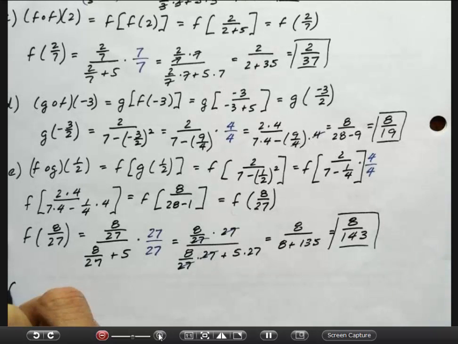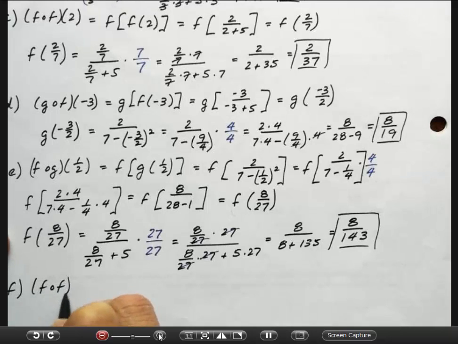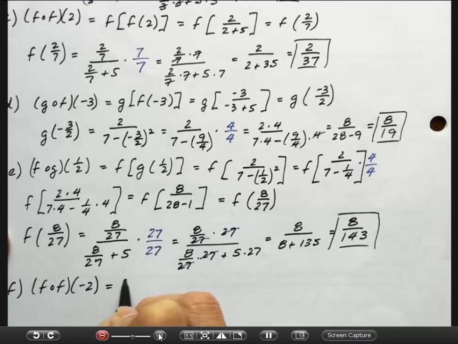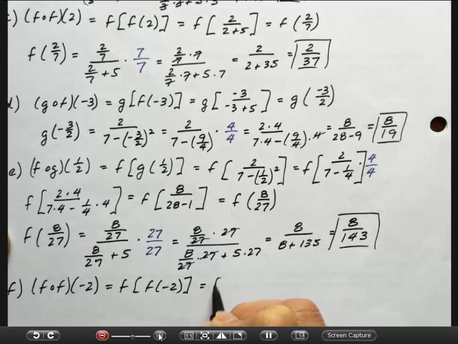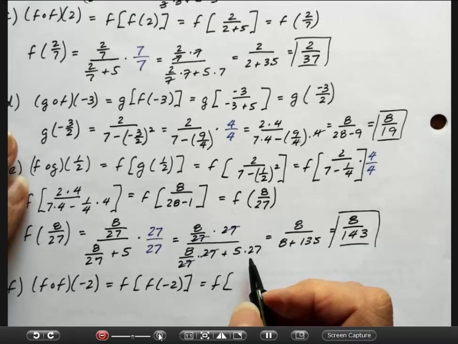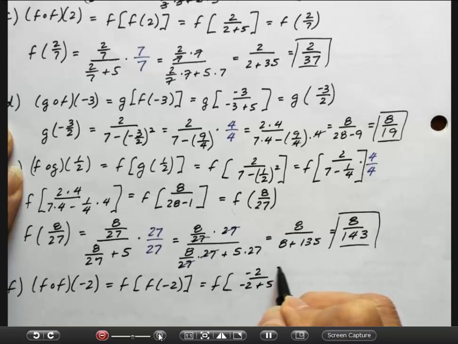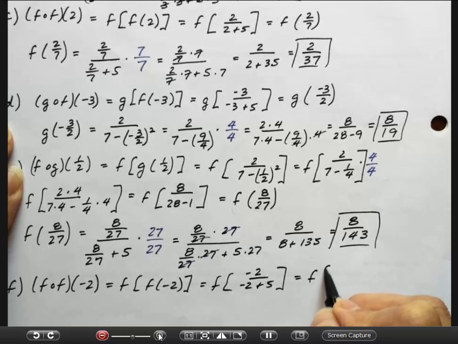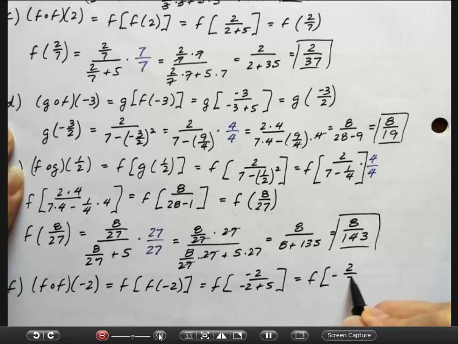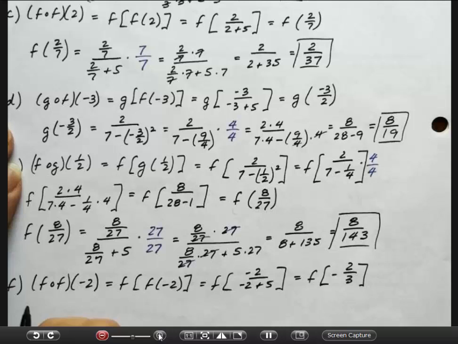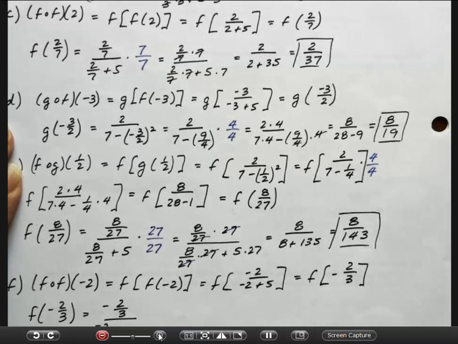The last composite function we're going to look at is f of f of -2. Rewriting, I'm going to put in a -2 into my f function wherever I have an x. This simplifies to f of -2/3. Now I'm going to put it back into my f function again wherever I have an x. So f of -2/3 ends up being -2/3 divided by -2/3 plus 5.